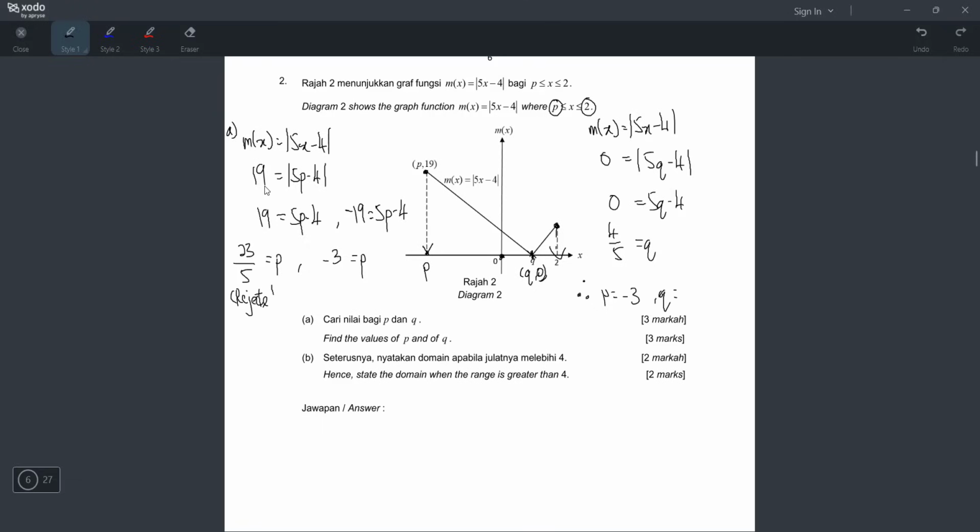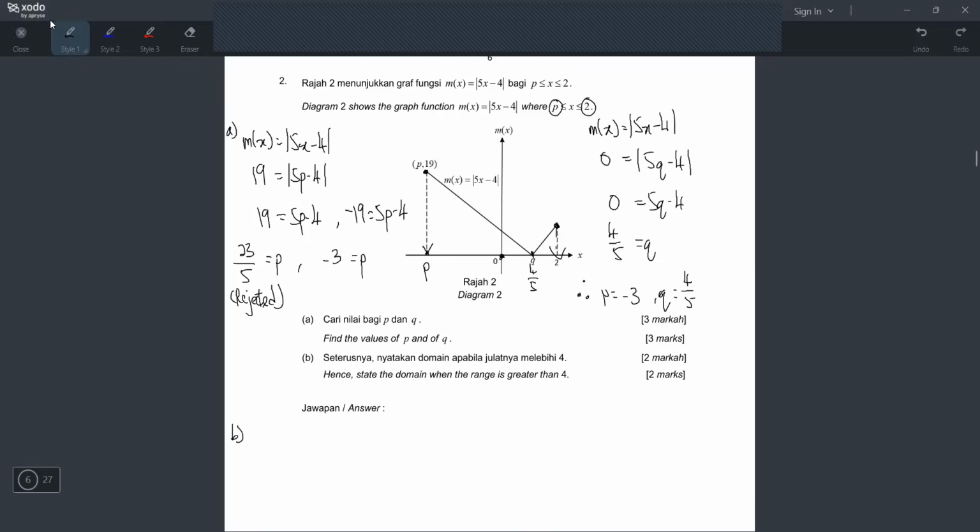We reject this answer because it's on the left side, and it's not possible for this value to be positive. So definitely p is negative 3, and for q there's only one answer, which is 4 over 5. It's very straightforward. So this one I will erase, and I'll write 4 over 5 here. Or you can write 0.8. So yeah, this is how I will do A.